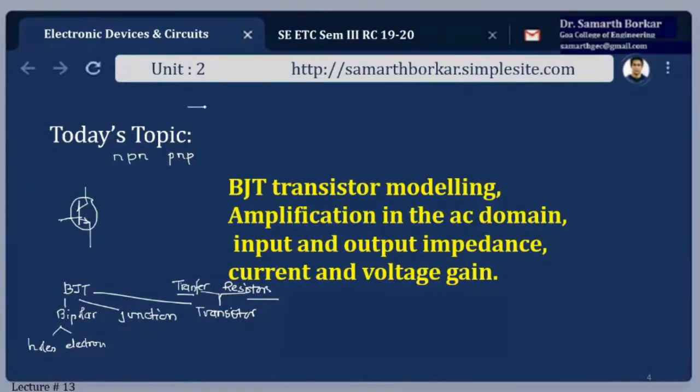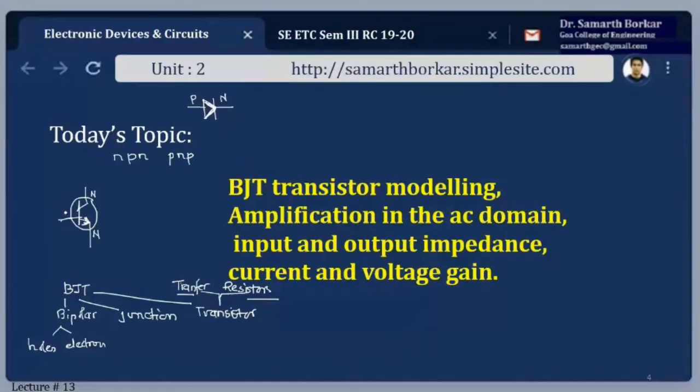Just recollect a diode structure, P and N. See the arrow here. This arrow always points towards the N. Now check out for this arrow. Okay, so this arrow will always point towards the N, and the transistor is a sandwich kind of a device.